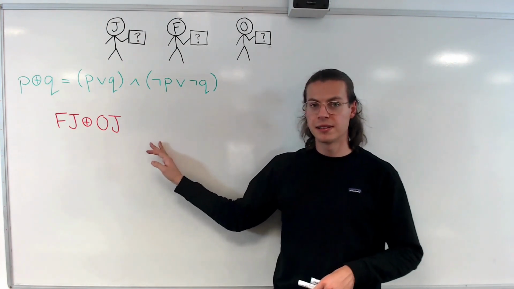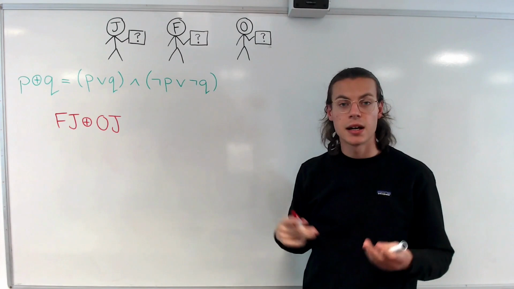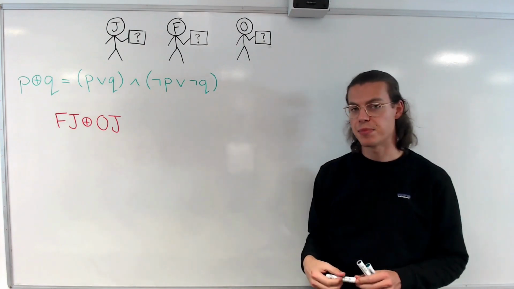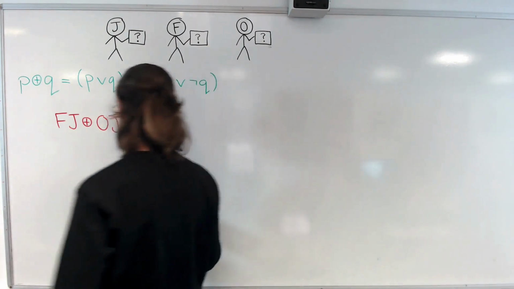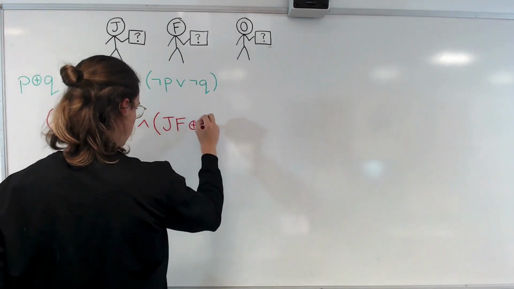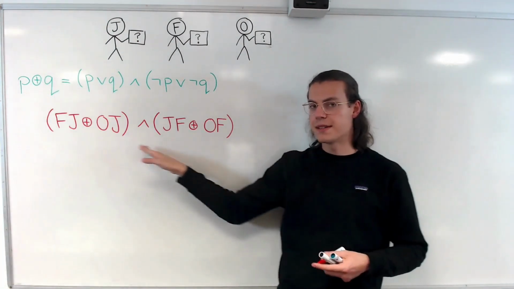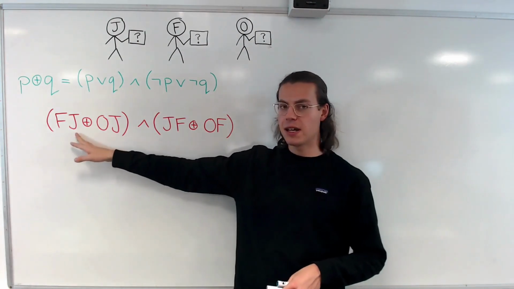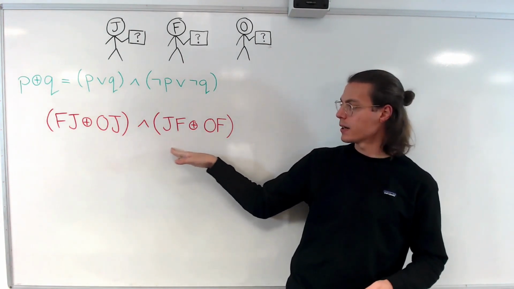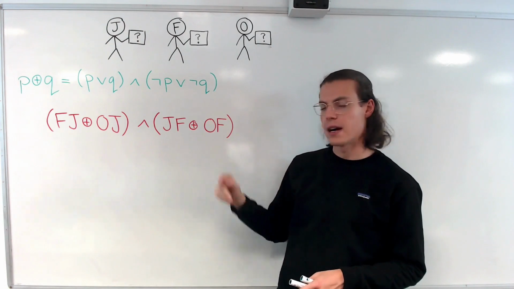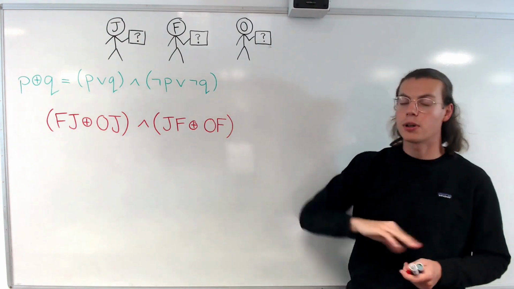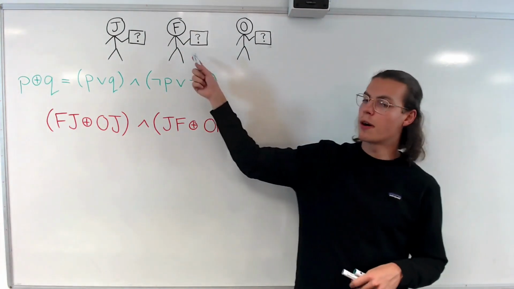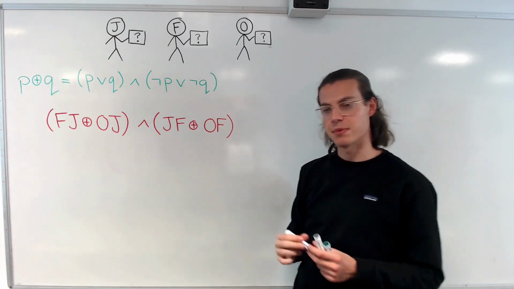And we can write a similar statement for Felix's paper. Either Joel is written on Felix's paper or Oscar is written on Felix's paper, but not both. We know that both of these things must be true, so we can connect them with an AND operator. So FJ XOR OJ and JF XOR OF. And likewise for Oscar's paper, either Joel is written on Oscar's paper or Felix is written on Oscar's piece of paper.